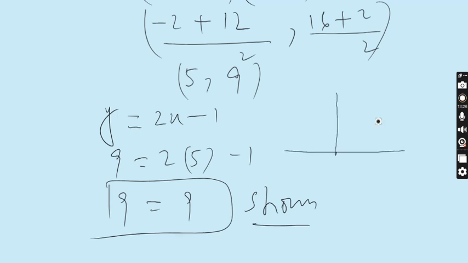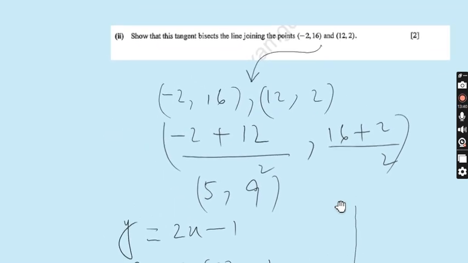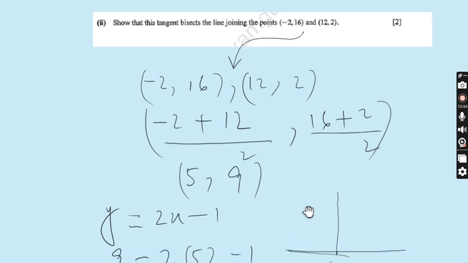This tangent bisects the line. Bisect means equally divide, or you can say midpoint. So 5, 9. This tangent satisfies the midpoint, therefore the answer shows that it is true that this tangent bisects.